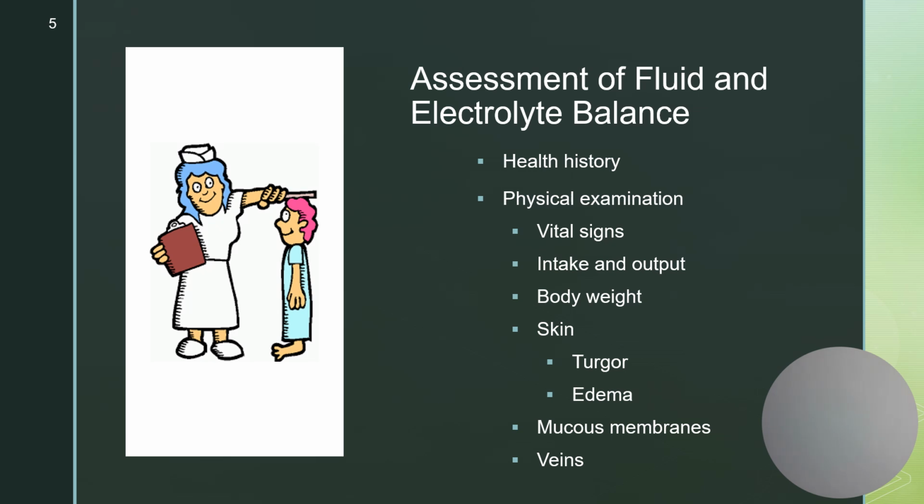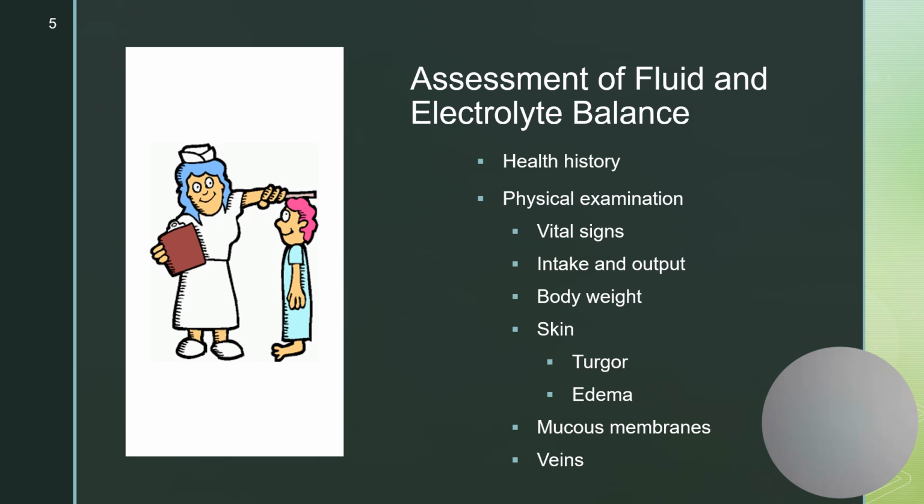Our body weight is also a good indicator. Daily weights with fluid imbalances are going to be very important. Daily weight assessments are considered to be an accurate measure of fluid volume changes, especially in the older adult.